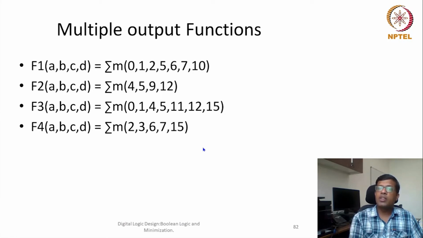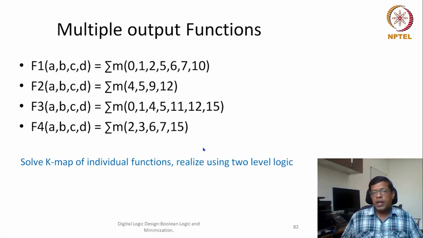As far as implementation is concerned, for all these functions F1, F2, F3, F4, we would put independent K maps for each of them, and after solving the K maps independently, we will write F1, F2, F3, F4 as independent sum of product expressions, or independent 2-level logic. So even though there are multiple outputs, it does not matter from the implementation or design perspective if we are using 2-level implementations.